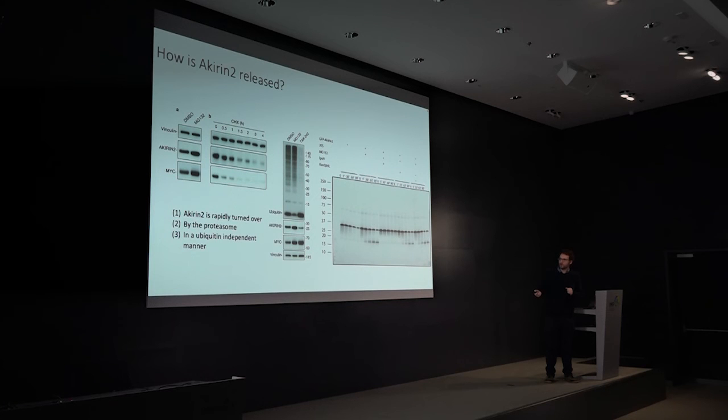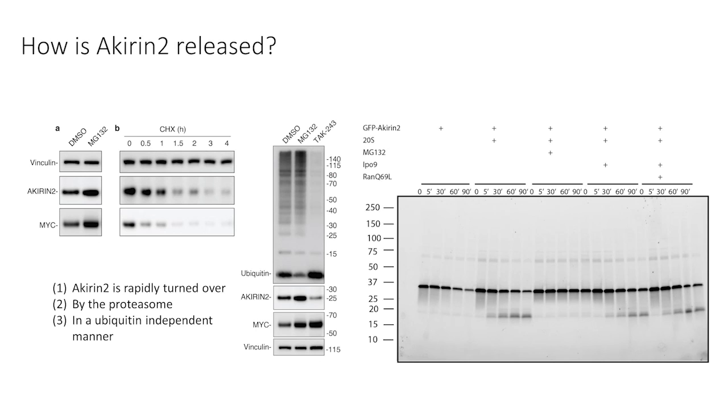We did experiments to see that when we put in a proteasome inhibitor, acarine really accumulates, so it's proteasomal degradation that happens. But if we add a ubiquitination inhibitor, acarine is still degraded, meaning acarine is degraded in a ubiquitin-independent manner, which is no surprise if you think that acarine is a fairly unfolded protein, and unfolded proteins are rapidly degraded by the proteasome.